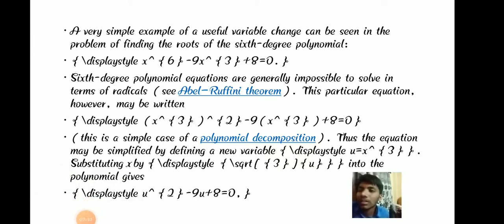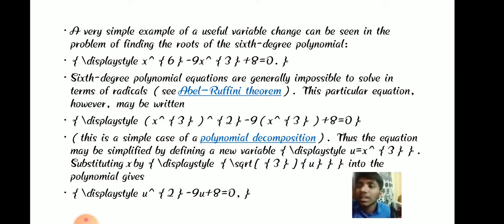So here, x power 3 whole power 2 minus 9. The equation is x power 6 minus 9 into x power 3 plus 8 equal to 0. So this is a sixth degree polynomial. Then how to solve it? It can be taken as x cube whole square minus 9 into x cube plus 8 equal to 0.